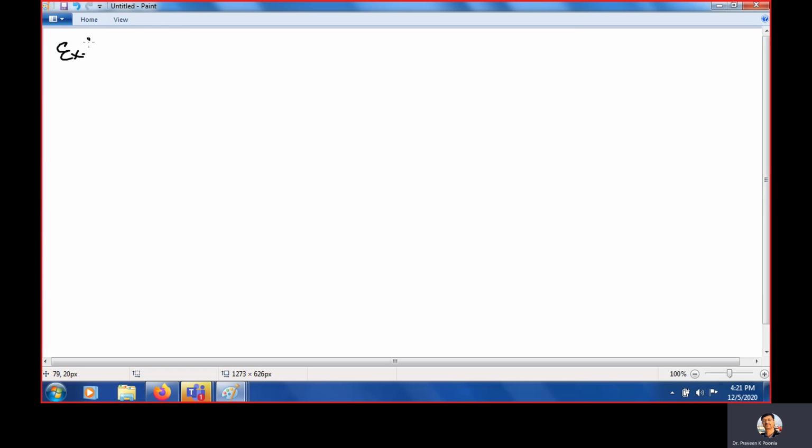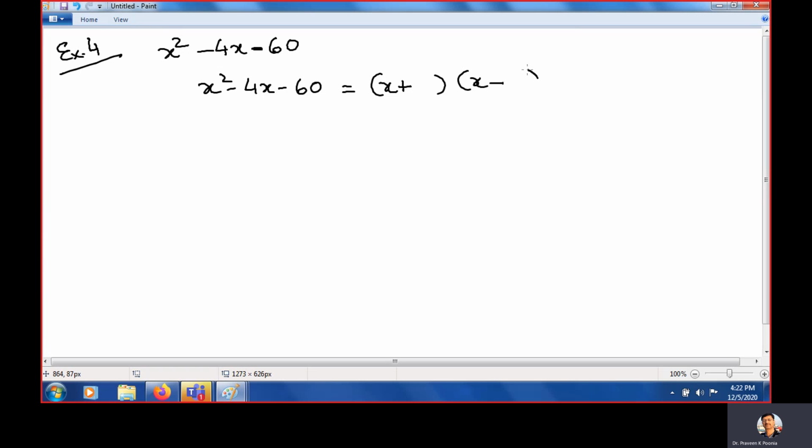Okay, one more question we will solve here. Example number 4. It is x square minus 4x minus 60. Look here. Here is minus. So that means one factor will be plus and one factor will be minus.